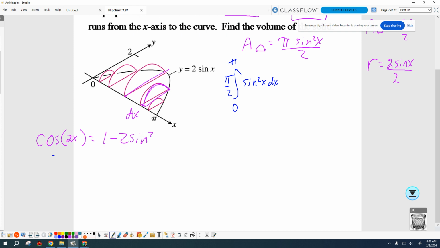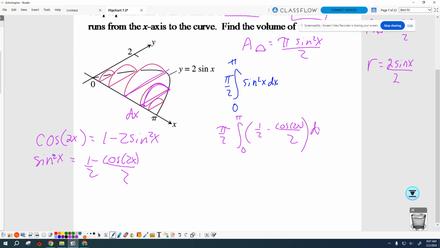But I can get rid of cosine squared by swapping it out and get this, solving for sine squared. So integrate that.